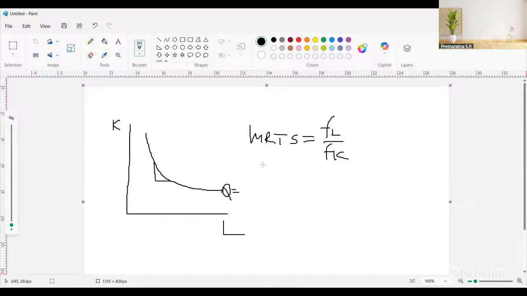Now, in terms of producers, what we discussed from the beginning deals with two things.